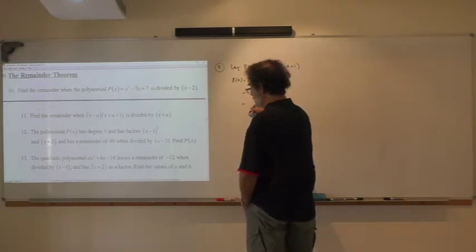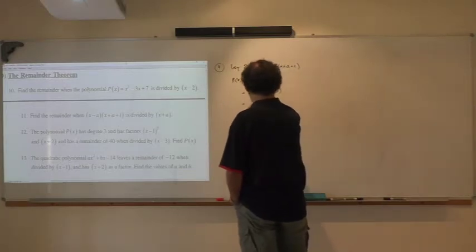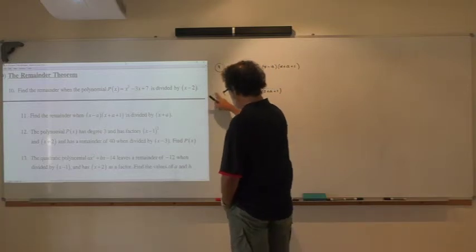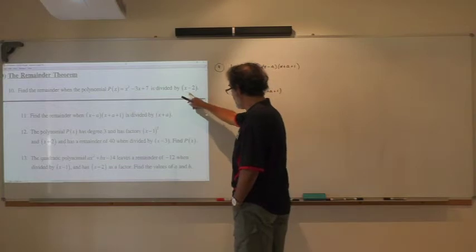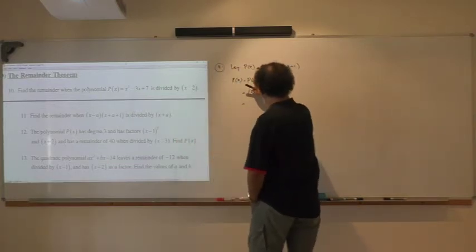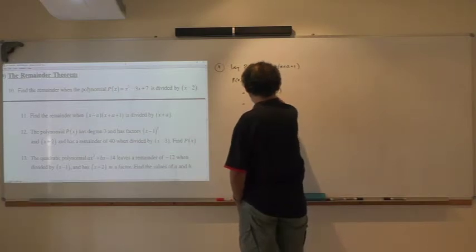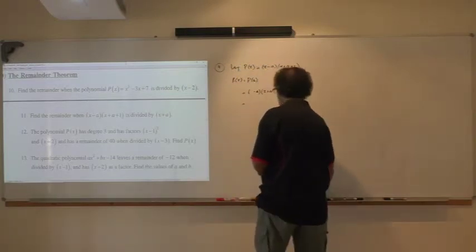Let me see. Wow. Okay, let me get back. I was talking about this divisor, but we're talking about this. We need to evaluate that when x is equal to negative a. Okay, start again.